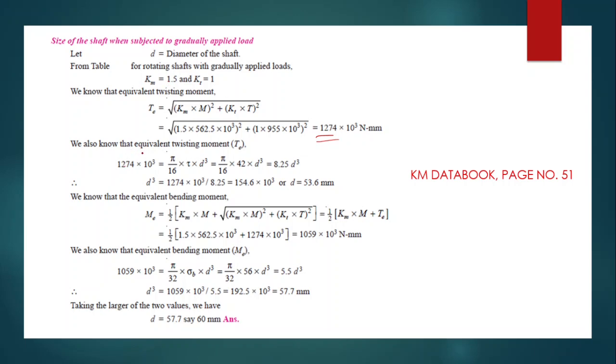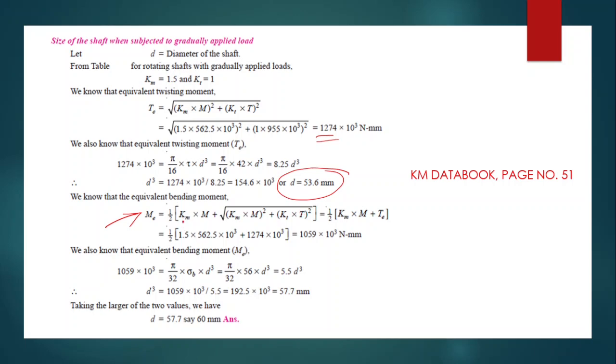Then we also know that the equivalent twisting moment is equal to pi by 16 into tau into d cube, and we can calculate the value of d. Then we know the equivalent bending moment, again the same equation, but the only difference is that the bending moment must be multiplied by Km and the twisting moment must be multiplied by Kt.